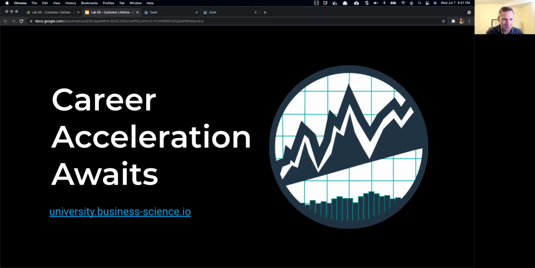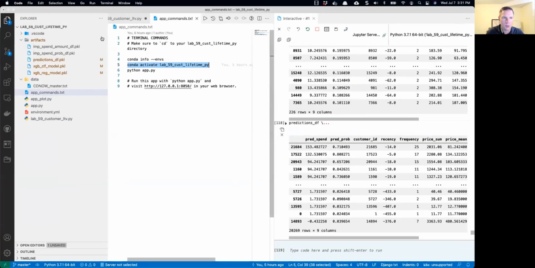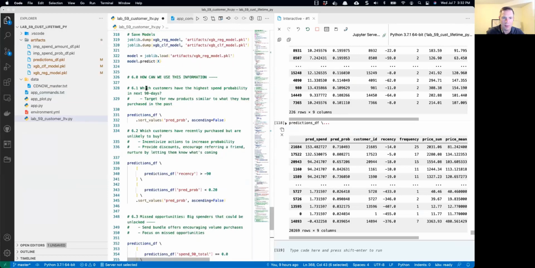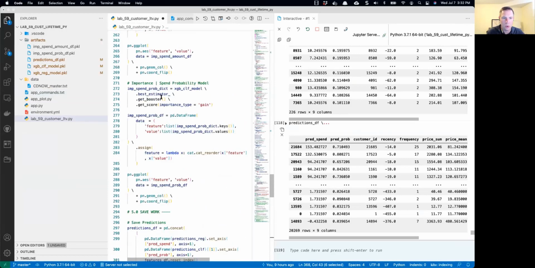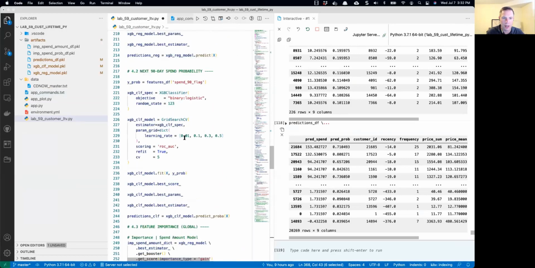Ryan asks, can you explain multiple learning rates again when you get to the end? So yeah, this is a good question. What we're doing here is cycling through and building models with each of the different learning rates. So we're going to build a model here with 0.01, and we're going to train and test it 5 different times using cross-validation.